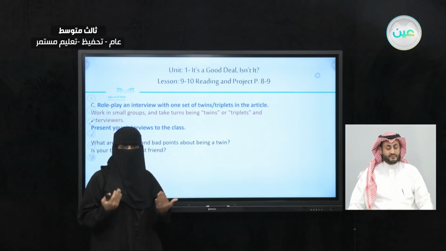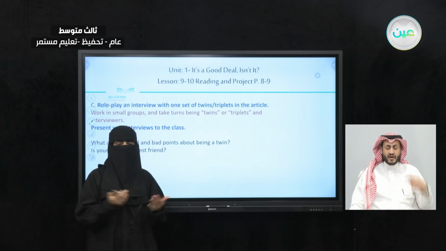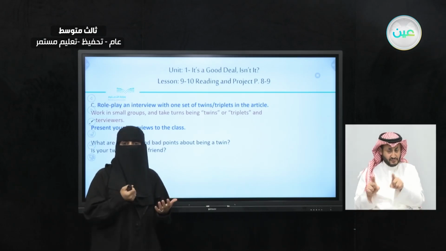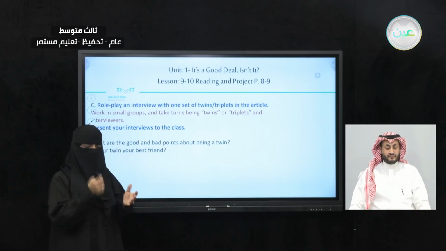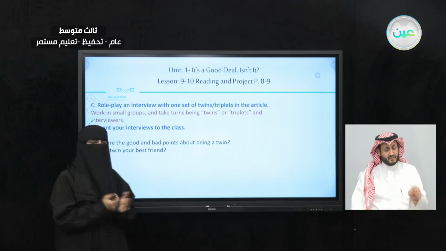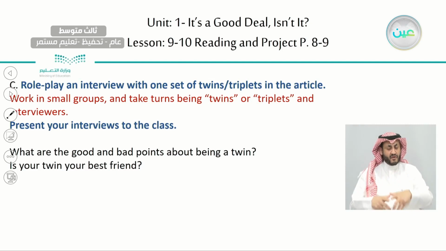This is a speaking exercise. You have to practice. Imagine that you are an interviewer. You interview these twins or triplets, and practice it with your friend. After you finish, you have to present the interviews to the class. You have to do that, okay? Work in a small group.